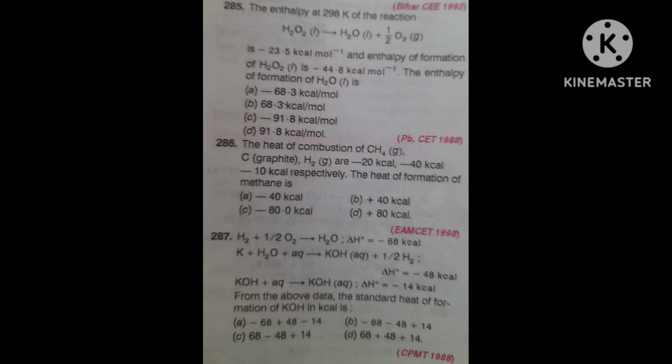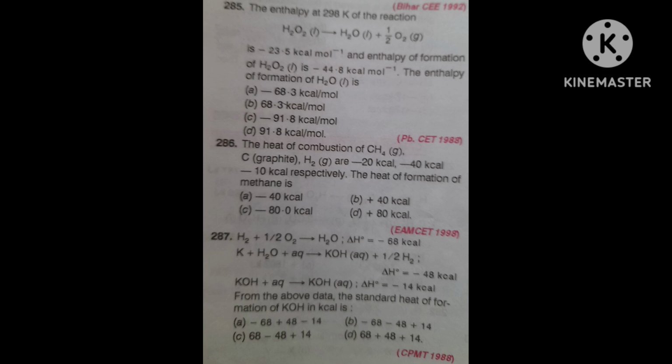Equation second plus 2 into equation third minus equation 1. Then equation second value is minus 40, plus 2 into minus 10 for equation third, and for the first equation you have to do minus, so minus of minus 20, equation 1, minus 20 is given. After that you solve it.